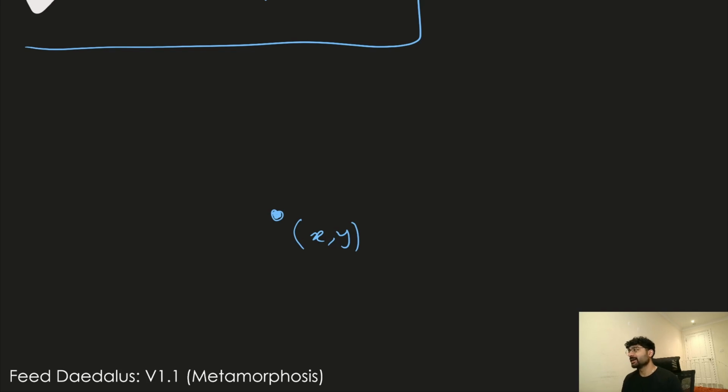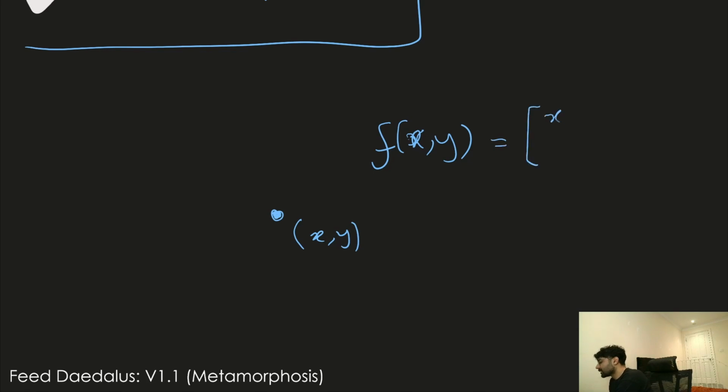So the way I do it is I have a 2D function, we call it f of x, y. It takes in two values, an x and a y value, and it will give us a new pair of x and y values, let's call them x new and y new.